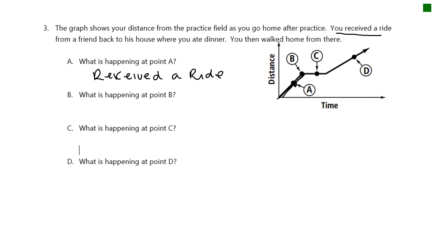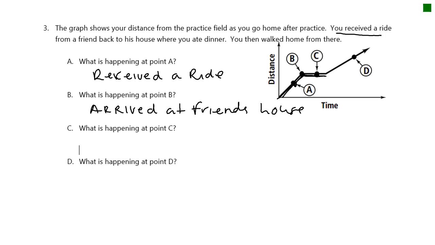And then point B, what's happening at point B? Well, that's a starting point from this line that's not moving. So that means that you arrived at your friend's house. C is still on the constant line, right?